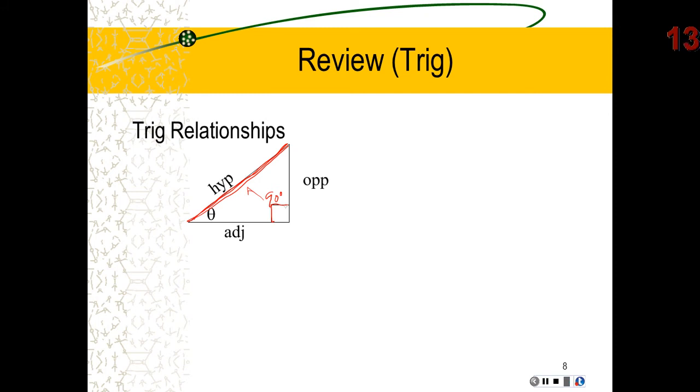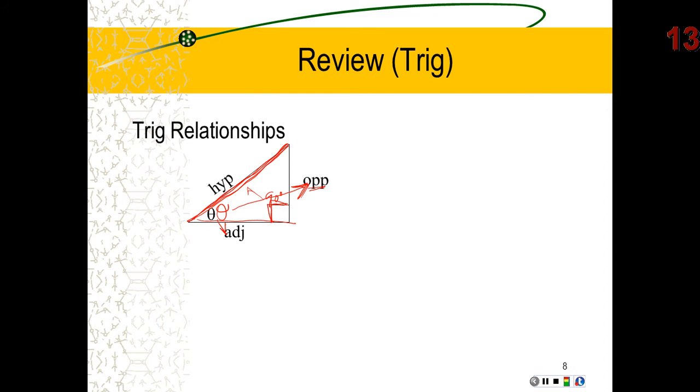We have a 90-degree angle, but we have another angle that we would label as theta. The other two sides of this right triangle, we have an opposite side, just meaning that this side is opposite the labeled angle. And we have a side that is adjacent to the angle.